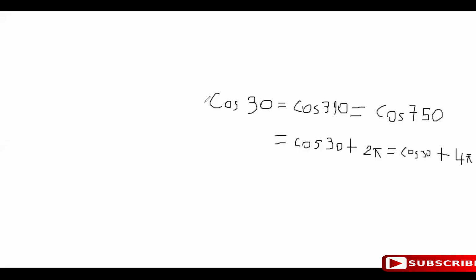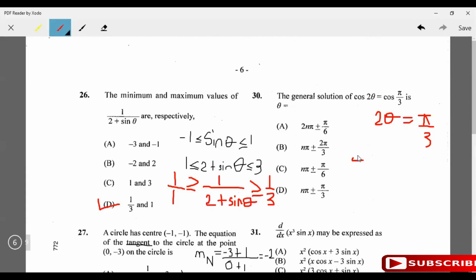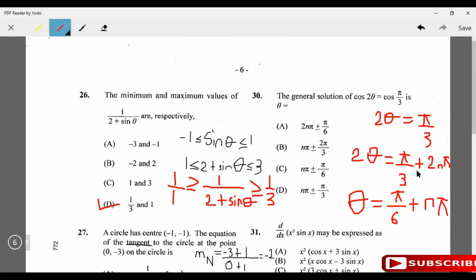So what I'm trying to say is that the general solution is that 2 theta is equal to pi by 3 plus 2n pi. But they want theta, the general solution for theta. So I'm going to divide everything by 2 to get theta is pi over 6 plus n pi. And when I say plus, it's really plus or minus.